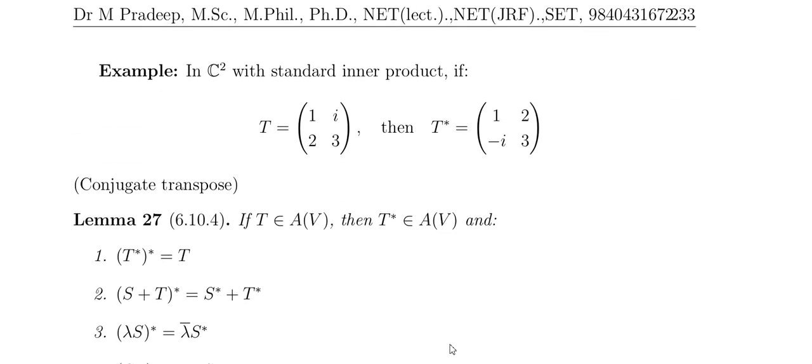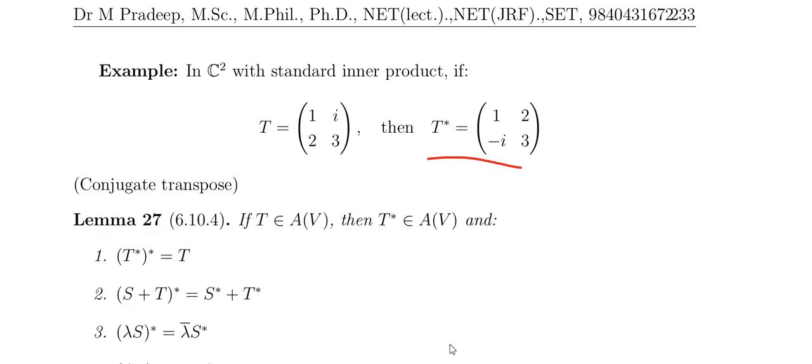For example, take T equal to the matrix with rows (1, i) and (2, 3) in C2 with the standard inner product. The T star is the matrix with rows (1, 2) and (minus i, 3), the transpose of the conjugate matrix.